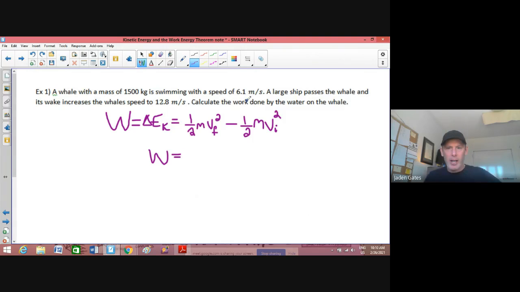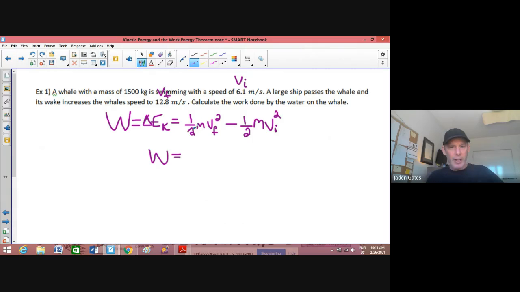I look at my values: 6.1 is what the whale started off moving at, vf is the final speed, 12.8 meters per second, and we have our mass, which is 1,500 kilograms.